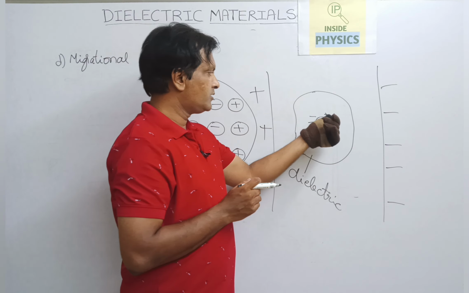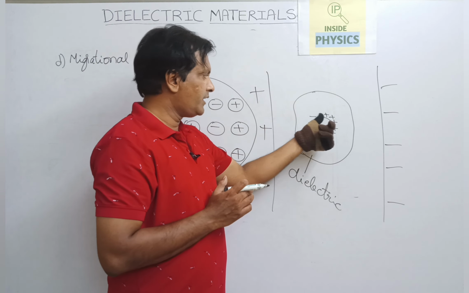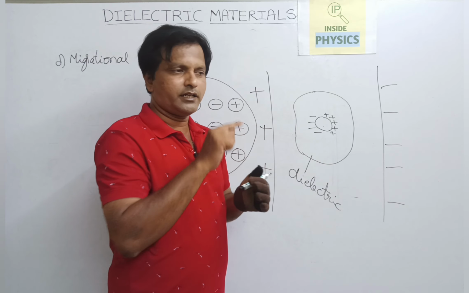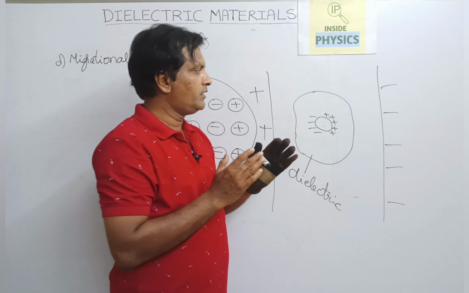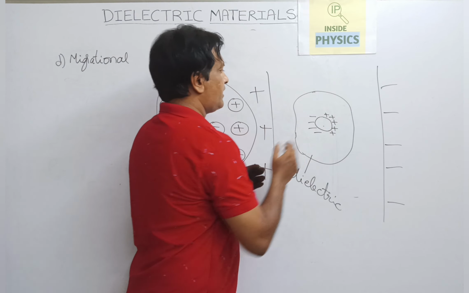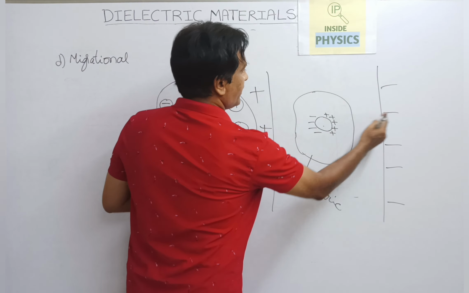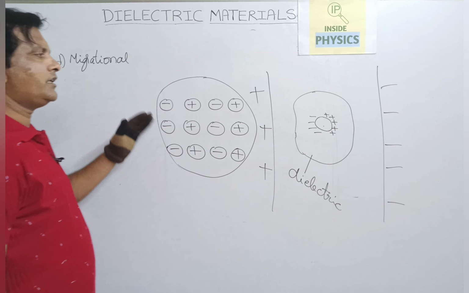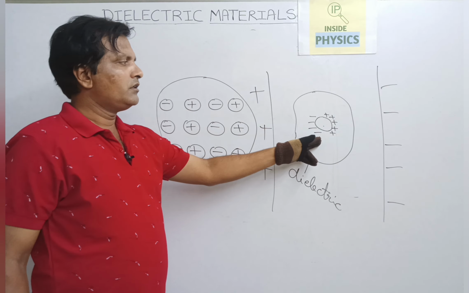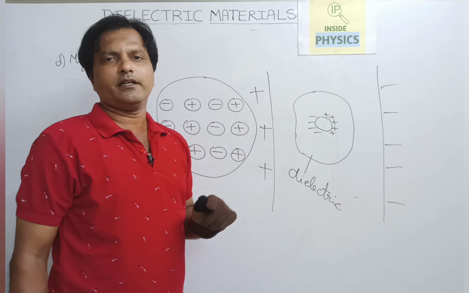All the space charges have migrated exactly to the border, in the field direction. The negative charges are attracted towards the positive plate, and the positive charges towards the negative plate. It happens at all the places where the impurities are there.